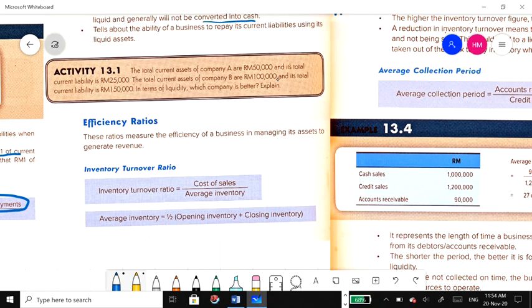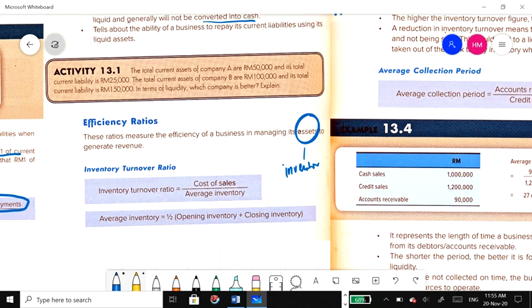So, asset kat sini is referring to your inventory. Efficient tak kita dalam kita manage kita punya inventory. Okay. So, kita pun akan menggunakan dua jenis ratio, iaitu inventory turnover ratio dan juga average collection period.